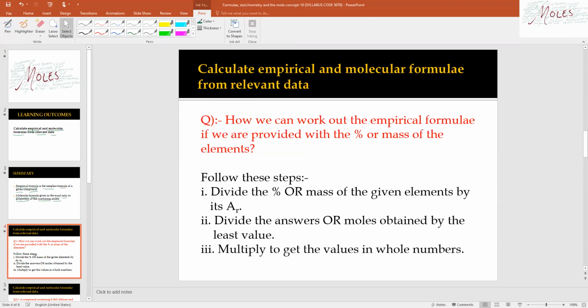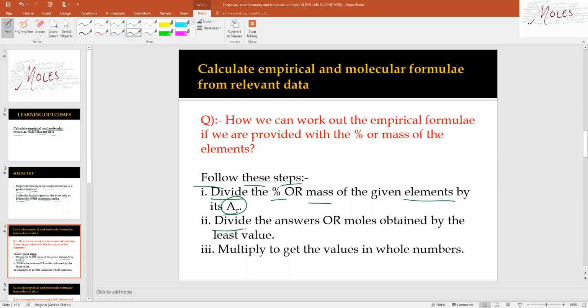In this lesson, I will work out the empirical formula from the given data. That is when percent or mass of different elements are provided. What we have to do, we have to follow these steps. The first one is to divide the percent or mass of the given elements by its AR.